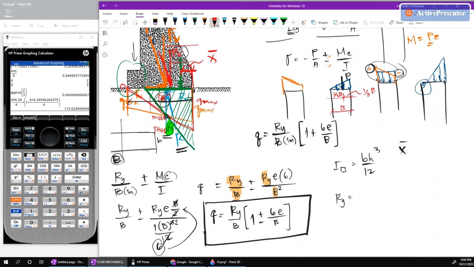So, depende nga kung saan yung na-compute nating value ng x bar. Pero solving for x bar, again, nasa lectures nyo naman yan. So, that is yung righting moment minus nung overturning moment. Okay? Then, over ng yung Ry.